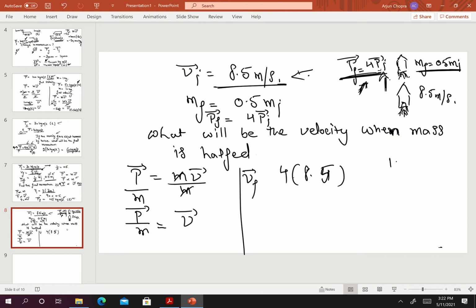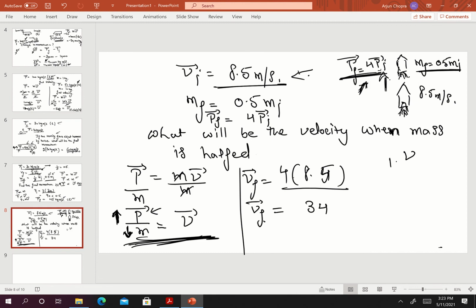So v final will be, because remember we've said, from the looks of this formula, velocity is directly proportional to the momentum and inversely proportional to the mass. So if mass increases, velocity will go down, whereas if momentum increases, the velocity will increase. So we multiplied by this number, and this will come out to be 34.